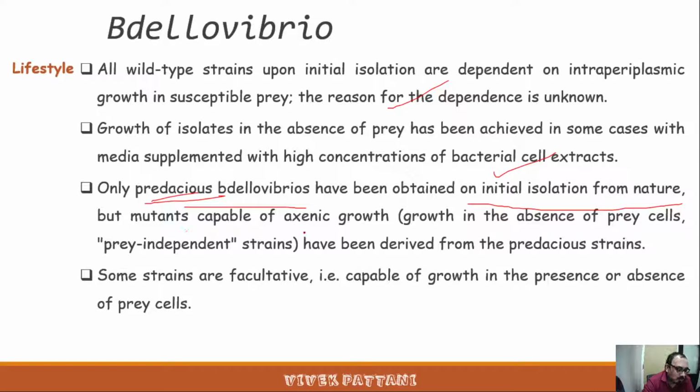But there are some mutant ones which are capable of axenic growth, that is, growth in the absence of prey cells, or prey-independent strains, which have been derived from the predaceous strains. Some strains are facultative, that is, capable of growth in the presence or absence of the prey cells.